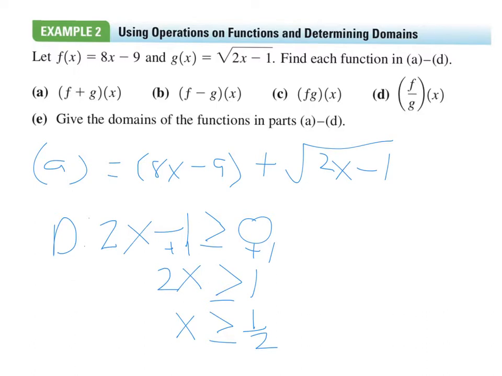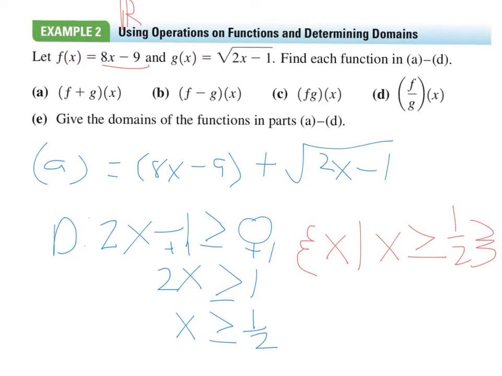We can remember the domain for f of x is just all real numbers because it's a linear function. So the domain is the set of all x values such that x must be greater than or equal to 1/2.